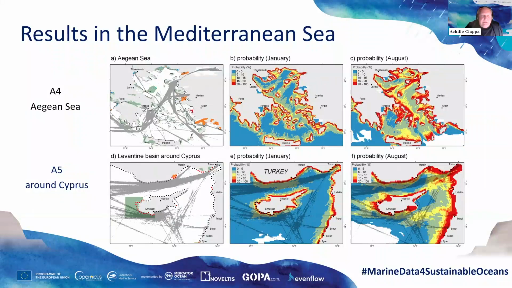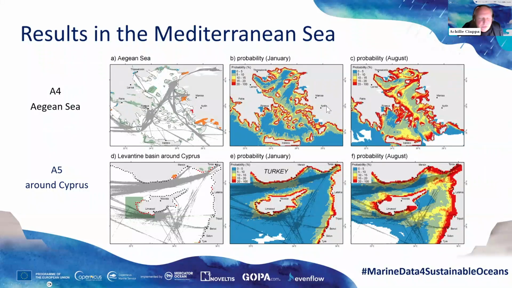This is another example. In the Aegean Sea, as an example, in summer, you can see the effect of the Meltemi wind. It's a northern wind, almost constant in summer in this area, and so the oil should reach the northern coast of the island here.